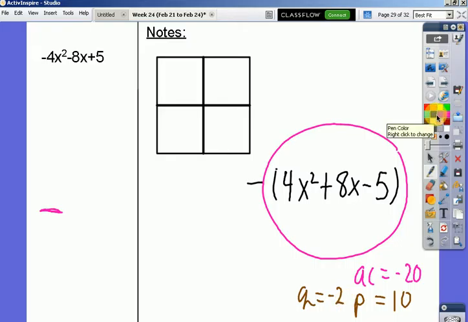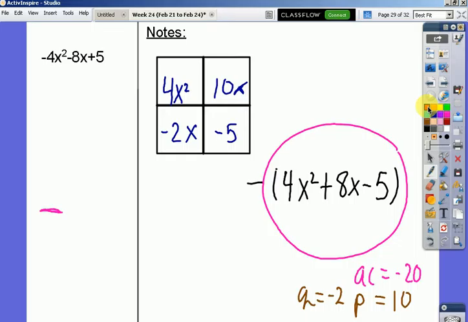And then we just set up our box with what's in the parentheses. So 4x squared is 5, negative 2, and positive 10x, x. Row and then column.